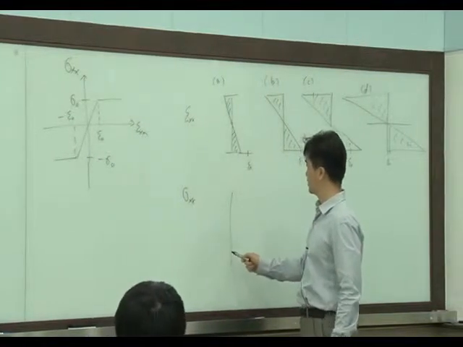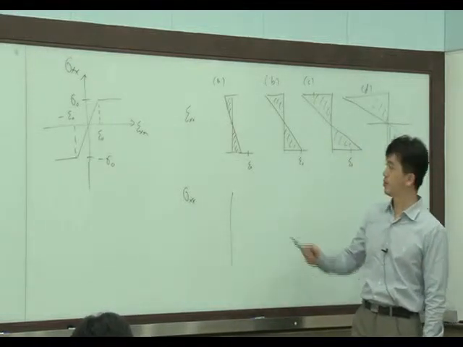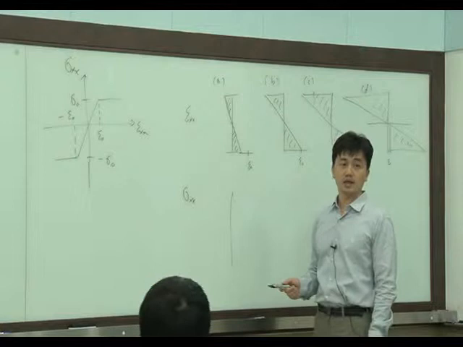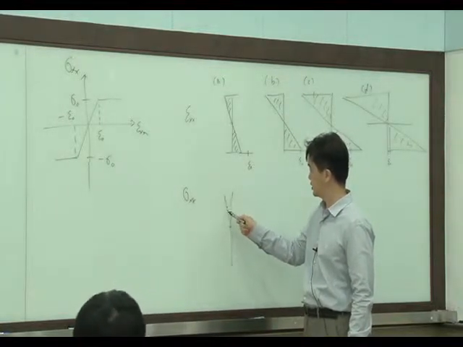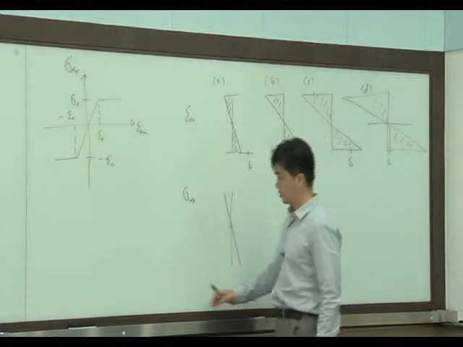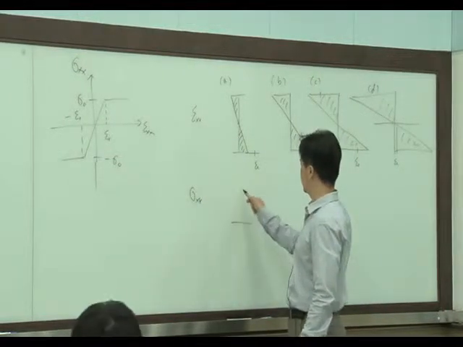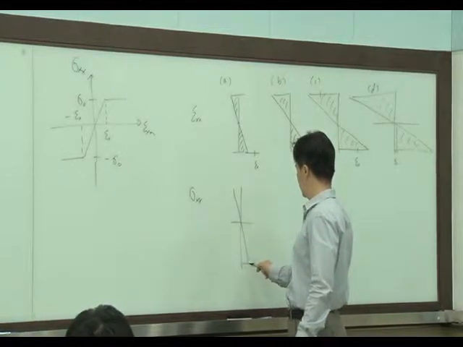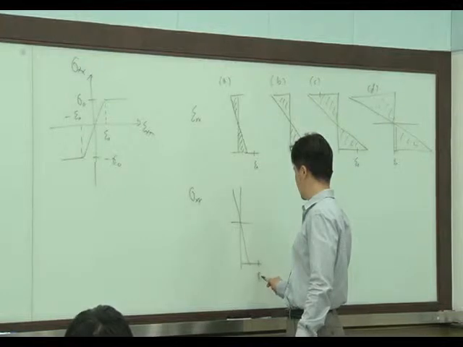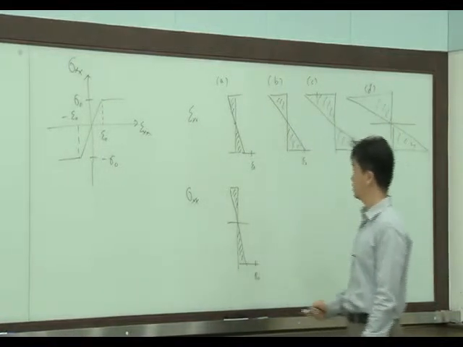So the corresponding stress distribution. When the maximum strain is smaller than the elastic limit strain, okay, the stress distribution also looks similar, and here sigma 0, right?